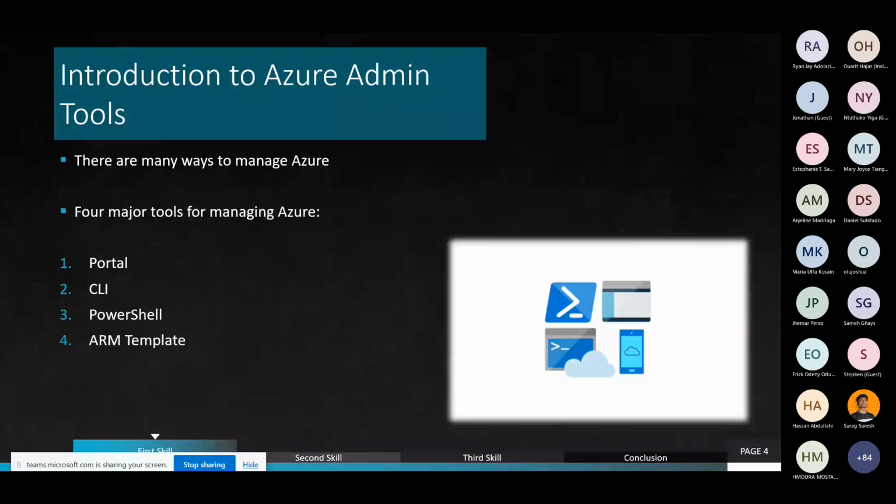There are other tools that we can use. For example, if you like to manage Azure on your mobile device, there's the Azure mobile app that you can as well download. But today we're going to be focusing on three of these tools, and that will include the portal, the CLI, and PowerShell.